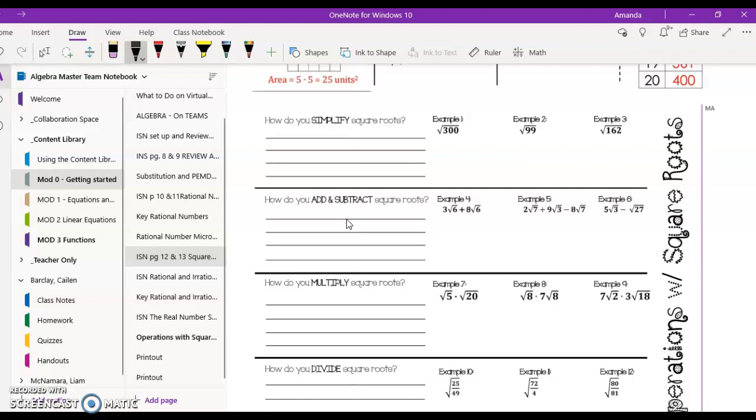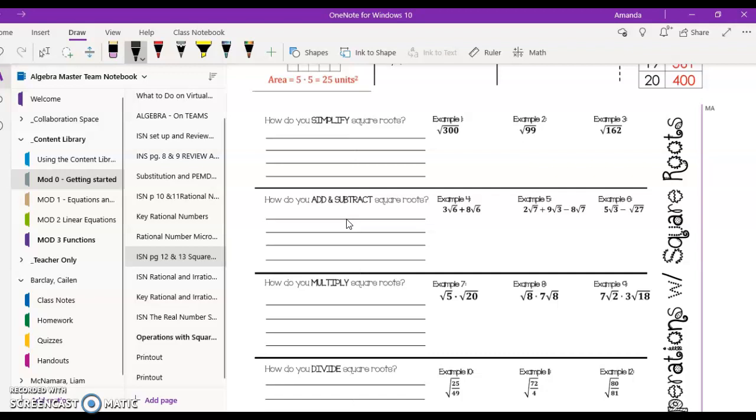When you take the square root of 300, you're going to get a decimal that goes on and on and on, doesn't end, and never repeats. Those are irrational numbers. So we often leave a square root sign in place of that because it's the most accurate way to write an irrational number.